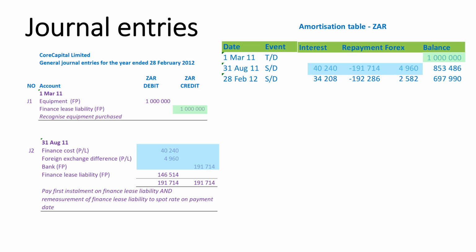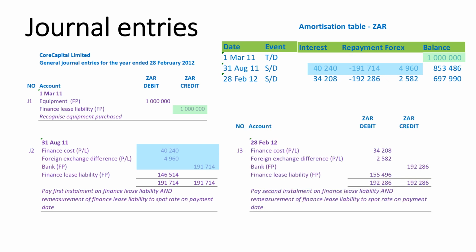And remember to include a narration. Similarly, what you've done for 31st August 2011, you will do exactly the same thing for 28 February 2012, and you will put a suitable narration.